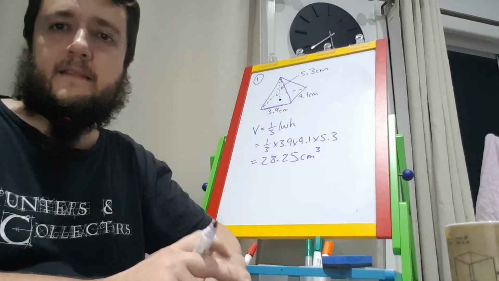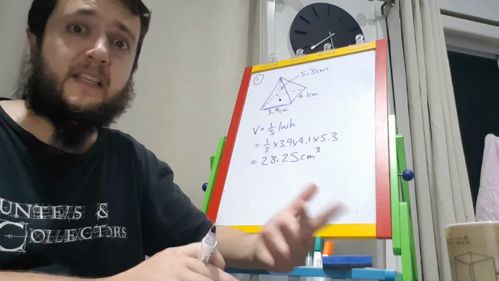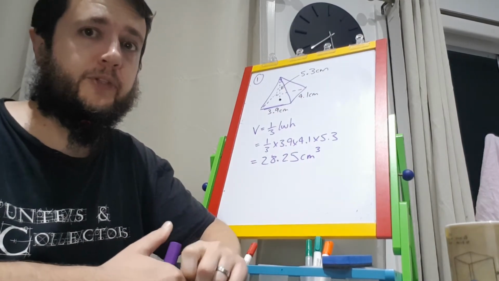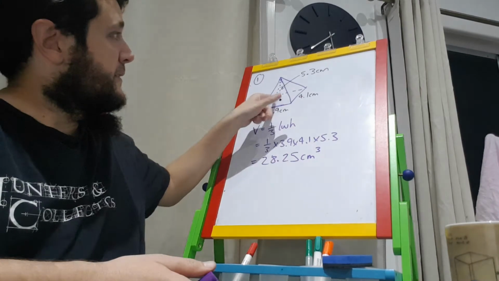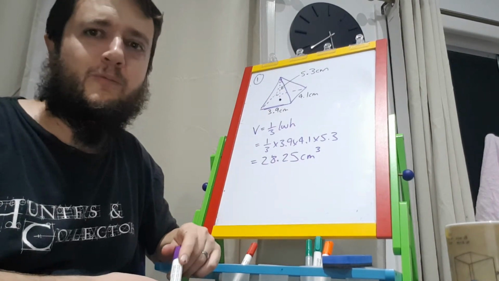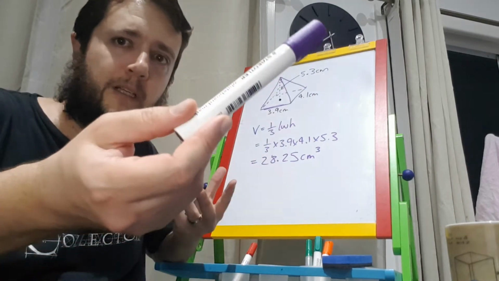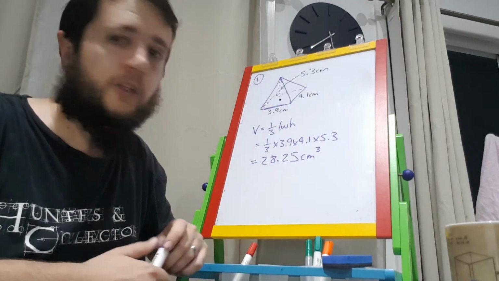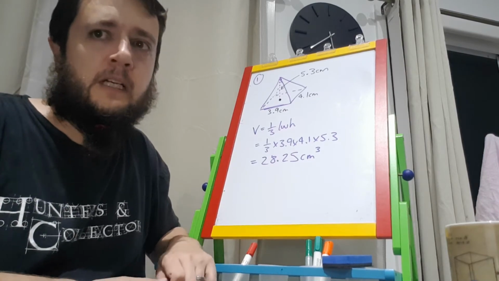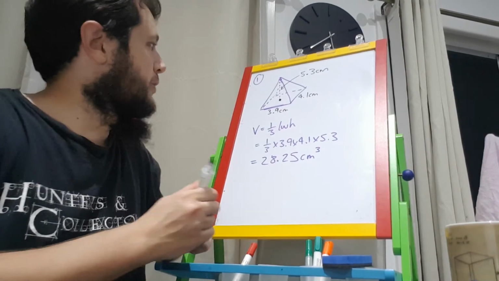Well, that's it. It's as simple as that with a pyramid, guys. As long as you've got the perpendicular height, it's just 1/3 of your old formula for volume of length, width, height. That's it. It's done. The text complicates it slightly.